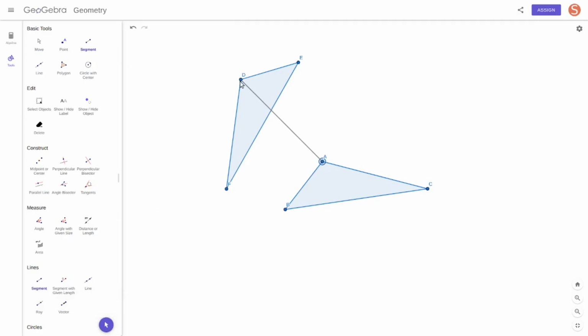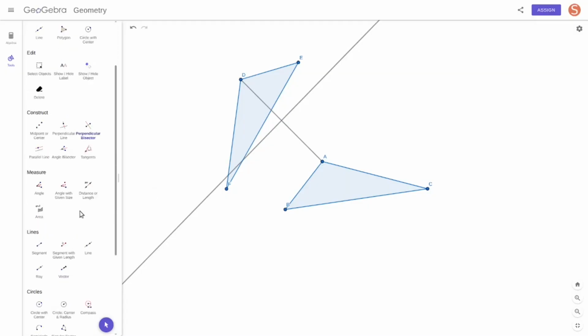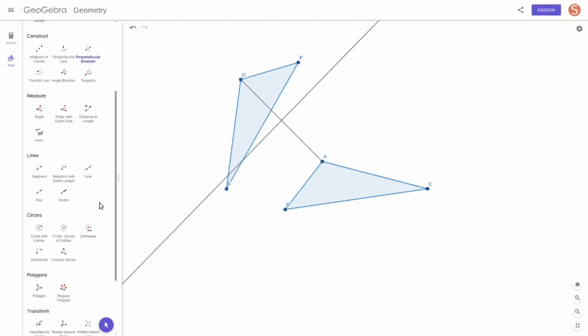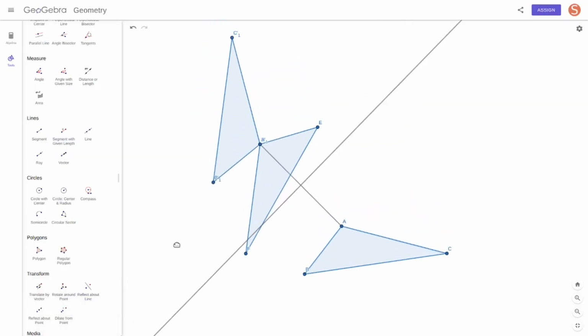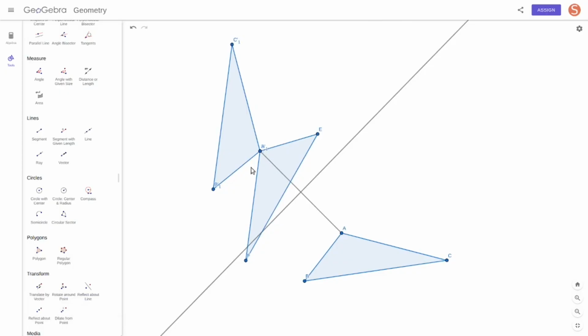And I construct the segment AD because I want to send A onto D. And I now construct the perpendicular bisector of that segment, and I reflect across that line. Right, so I send this guy up there. Oh, GeoGebra named my points a little bit funny. It's A1 prime, B1 prime, C1 prime.